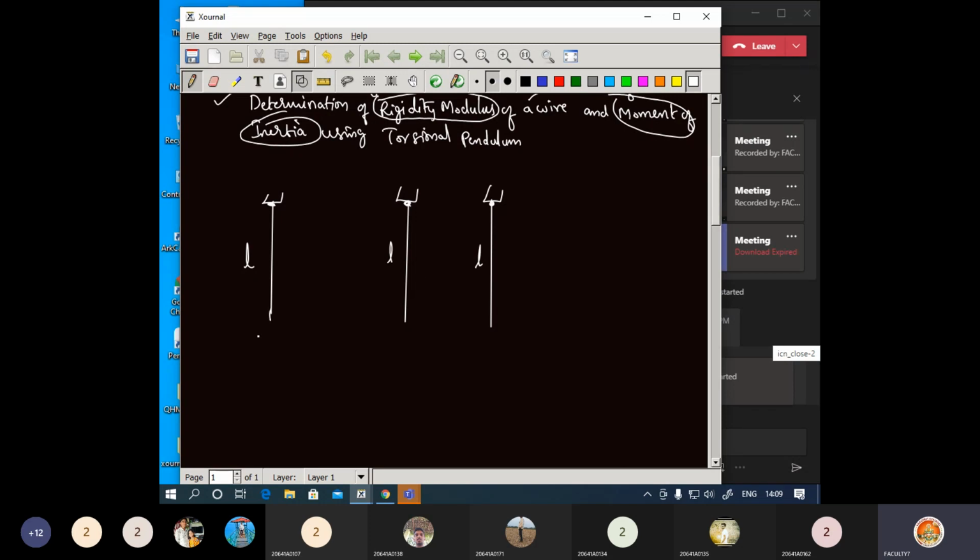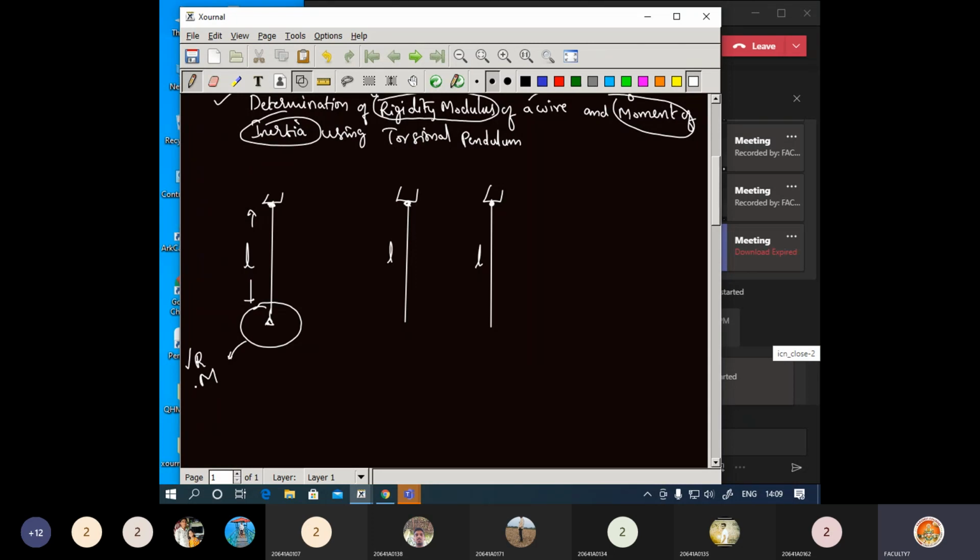A wire is there of length L. At the top you are going to fix this one, and at the bottom consider we are going to place a circular disc. Consider this is having a radius of r and mass is m.